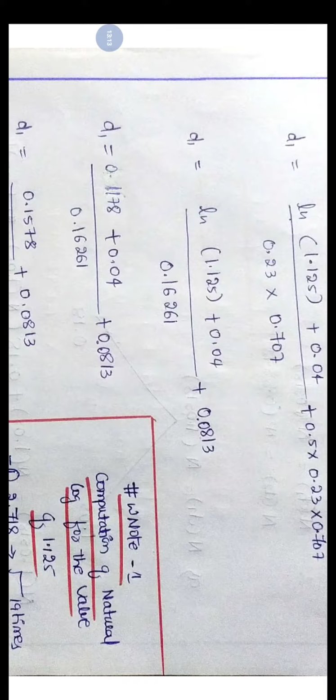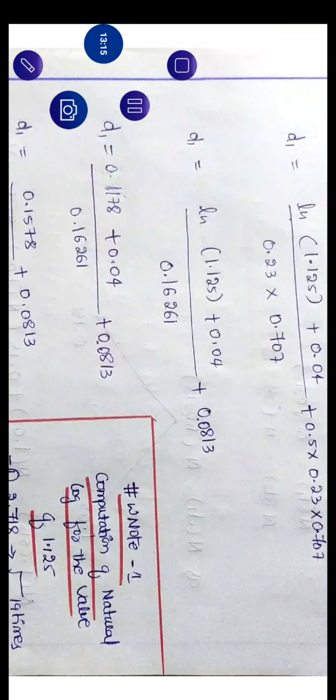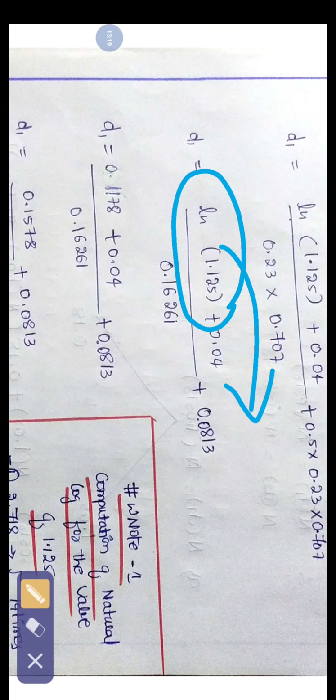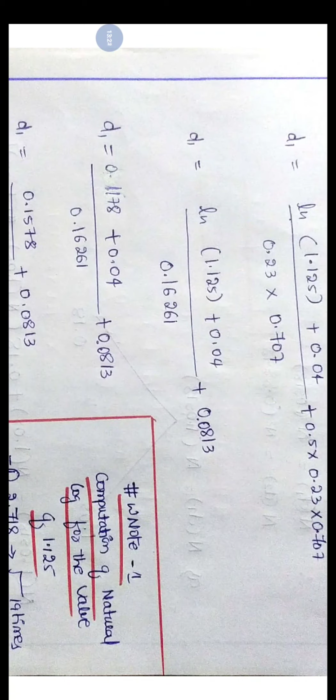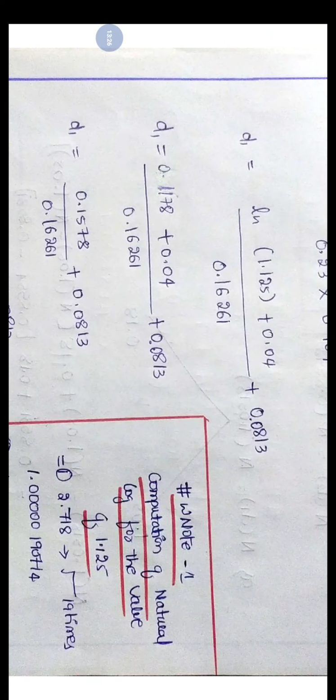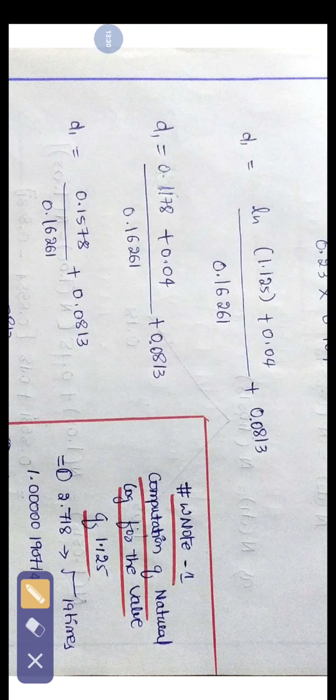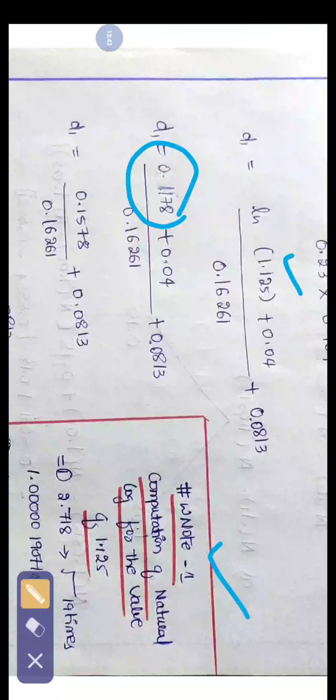After this, we need to calculate the value for the natural log. For calculating this, I have already made one video on the working note. Before watching this video, you have to watch that video. In that I have explained in detail how to calculate the value for the natural log. After calculating that, we will get this value, 0.1178.